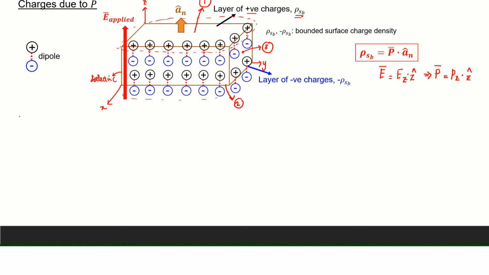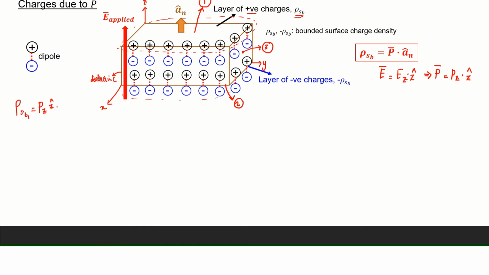Let's say rho SB1 is at surface number 1. How will be the value? Since the equation is like this, it will be Pz in the z direction, dot product with the surface direction. Because this is in vector form, please don't forget the direction of the polarization.